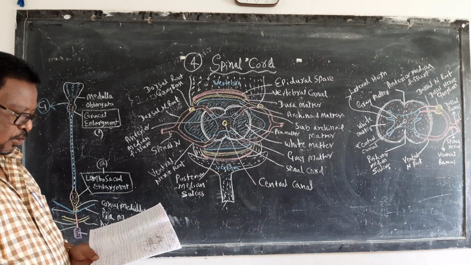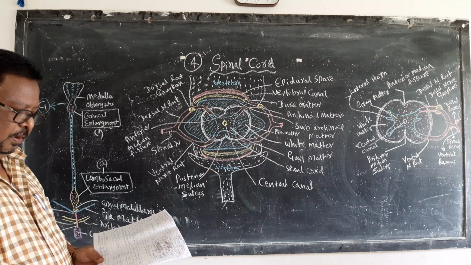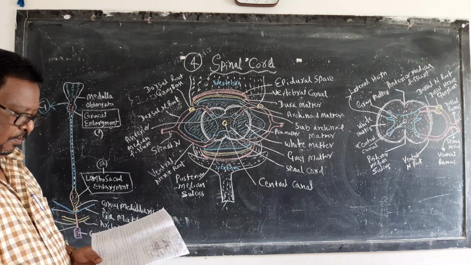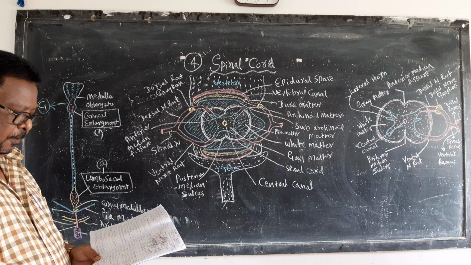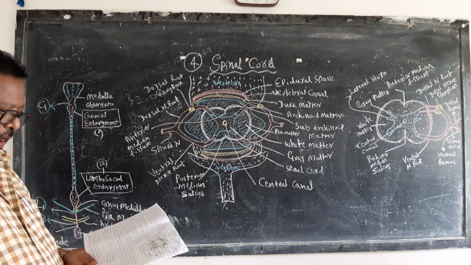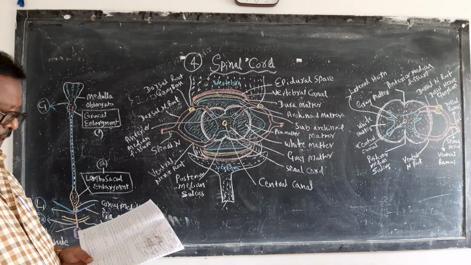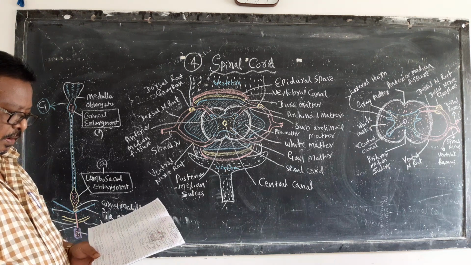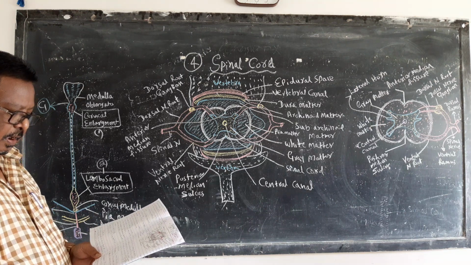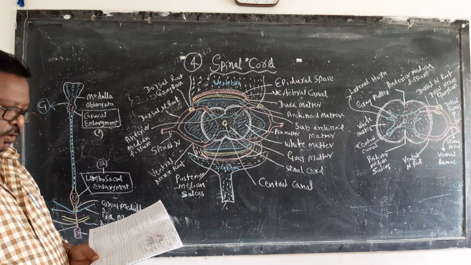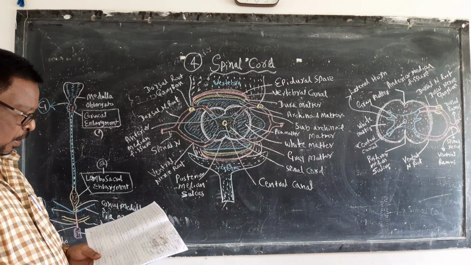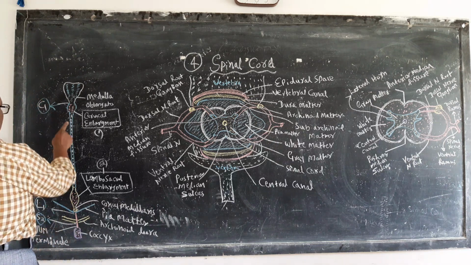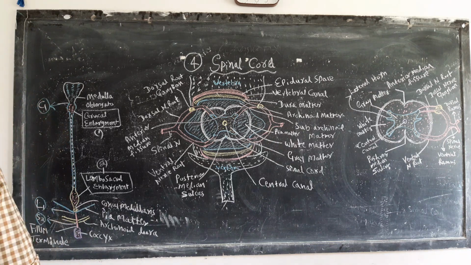The second one is the lumbosacral enlargement. From the lumbosacral enlargement, the lumbar and sacral plexus arise, and they innervate the muscles of the lower limb. So this is the lumbosacral enlargement, and this is the cervical enlargement.